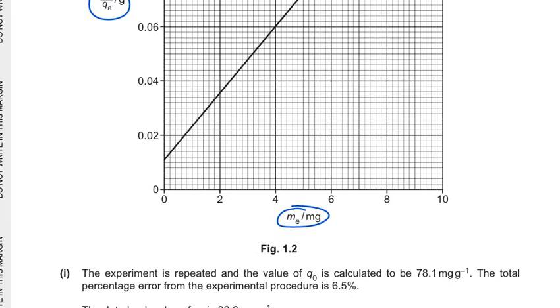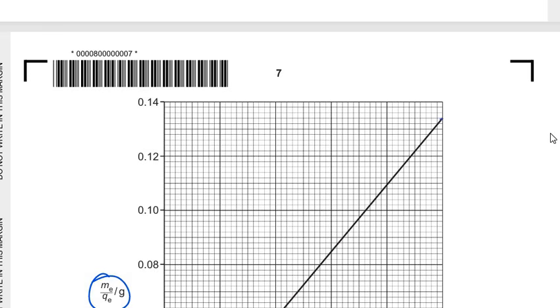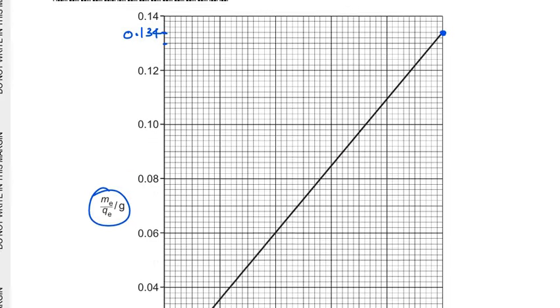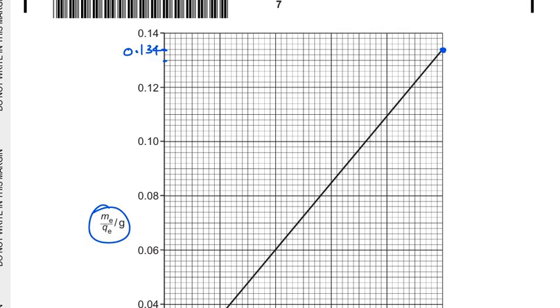What I suggest is I take this point directly and the top point directly. The coordinates of my point I can make out from here: this one is 0.134, and on the x-axis this is 10.